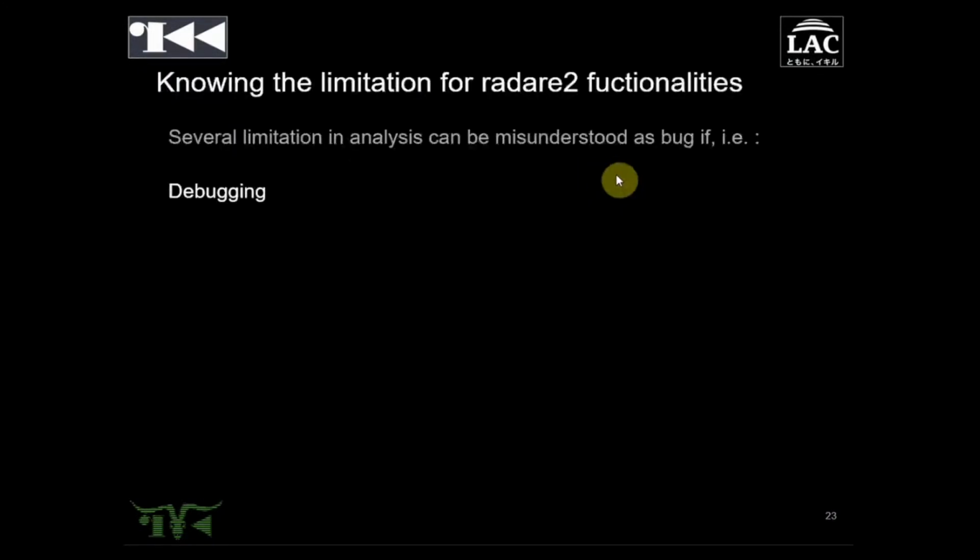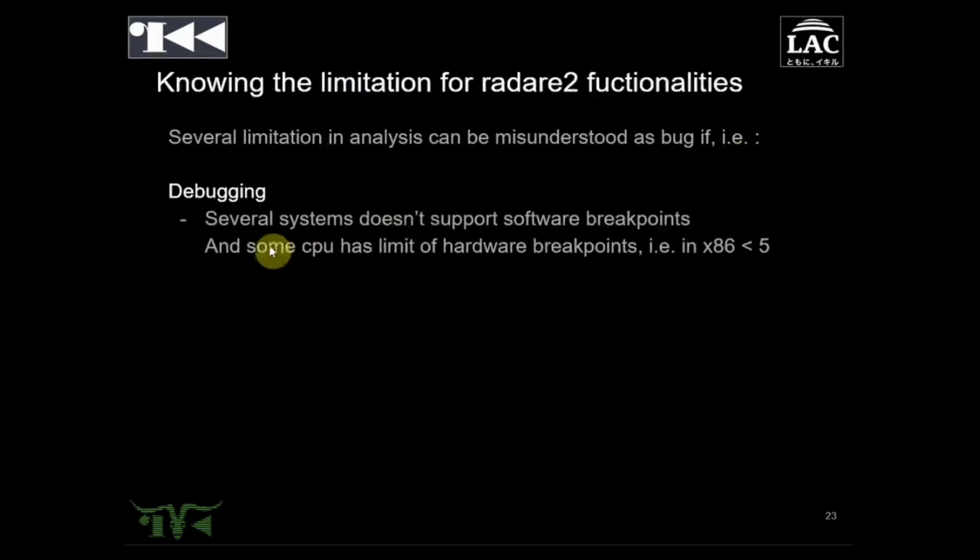You have to be careful with things like debugging. For example, several systems just don't support software breakpoints, and use hardware breakpoints instead, especially when you are dealing with embedded or IoT devices. And some CPUs probably have limits on the usage of hardware breakpoints.